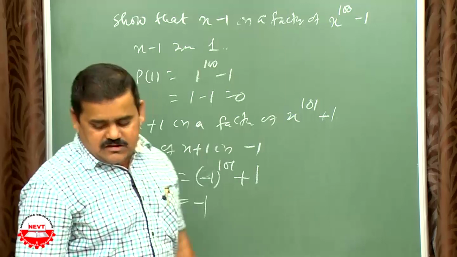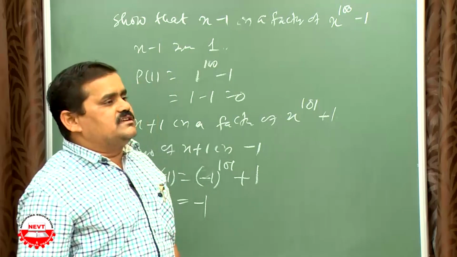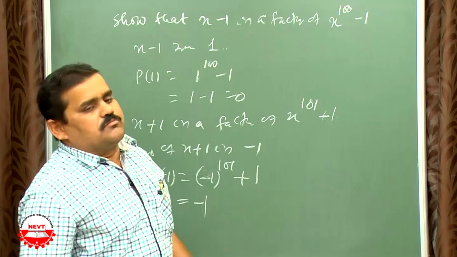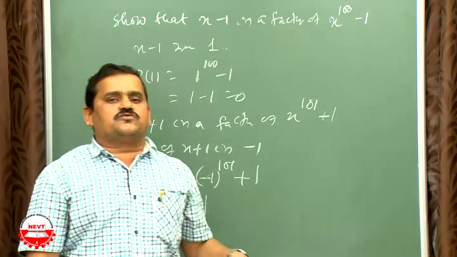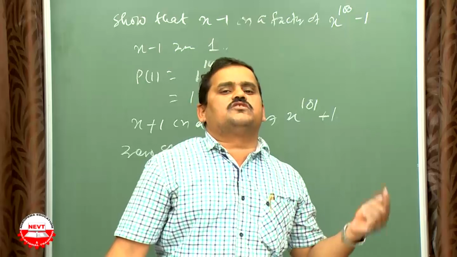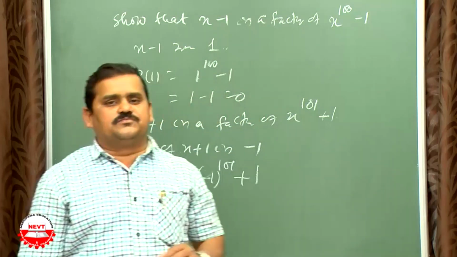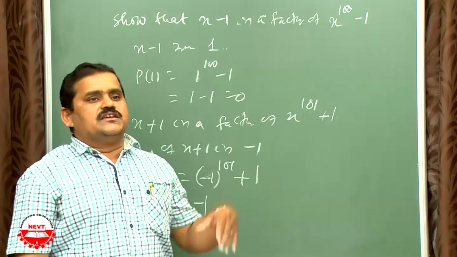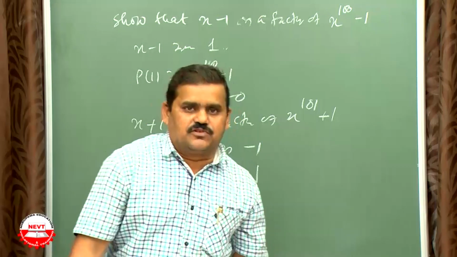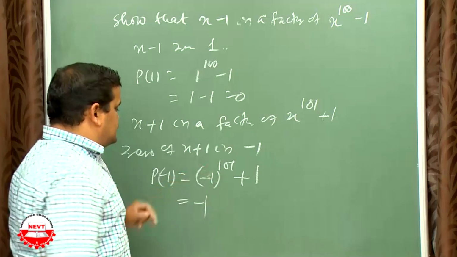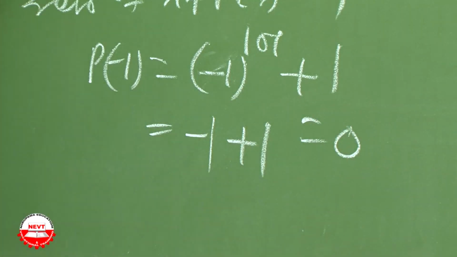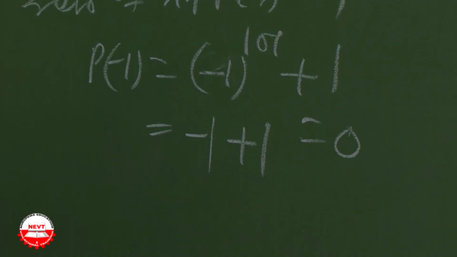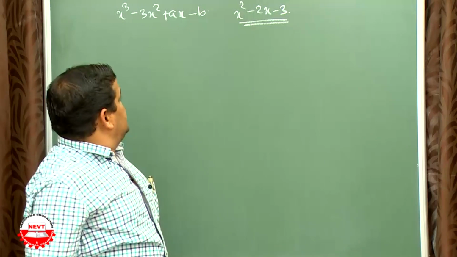You just remember, minus 1 into minus 1 is plus 1, similarly minus 1 into minus 1 is plus 1. That means if the power is even, like 2 or 4 or 6 or 8, it is plus 1. If the exponent is any odd number, in that case it is minus 1. Again plus 1 is equal to 0. So, x plus 1 is a factor of this. It's okay? Come to the next question.